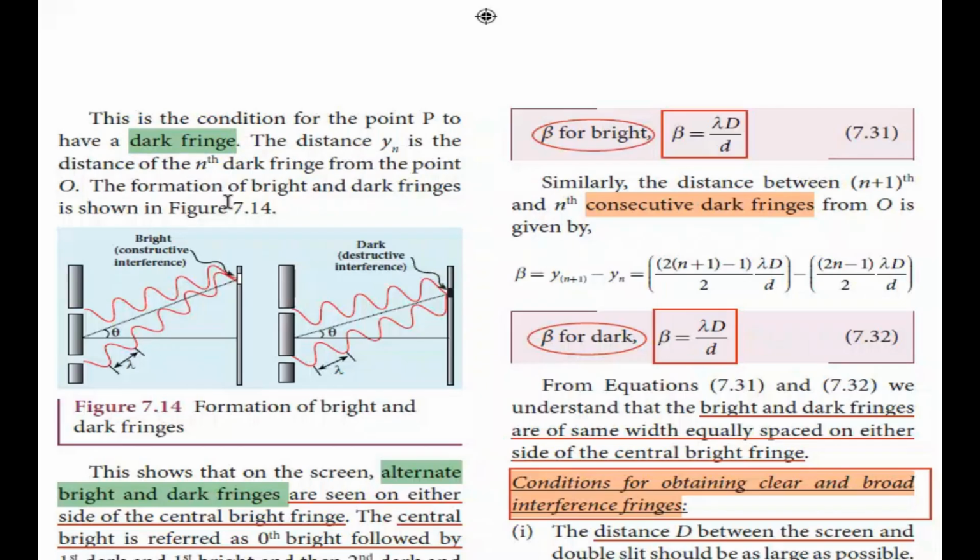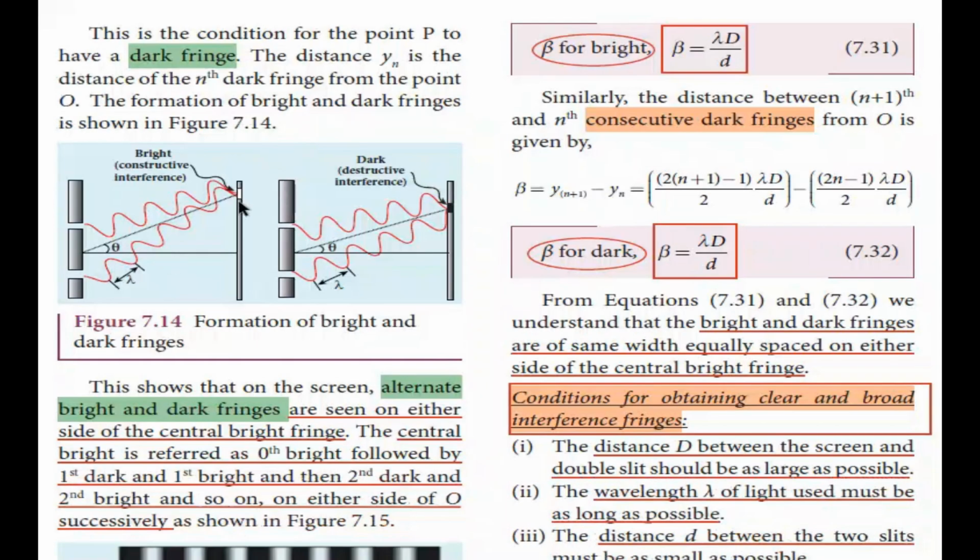The formation of bright and dark fringes is as shown in this diagram. If you have constructive interference, the point P will appear bright. That means here the waves will be separated by a distance lambda. Whereas in this case there will be destructive interference, which will lead to a dark fringe.